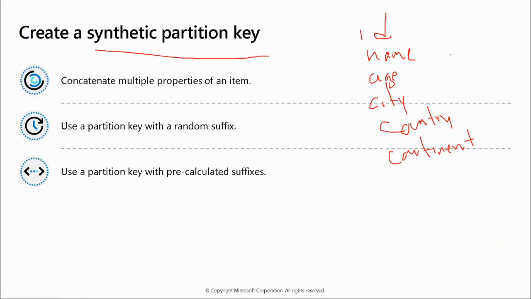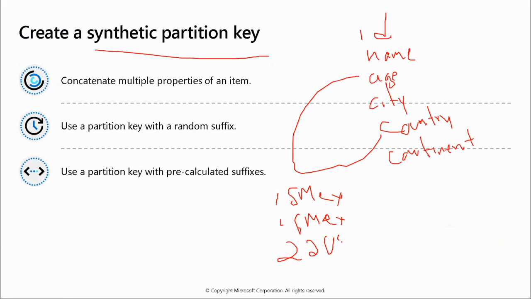So a synthetic key could be a mix of age and country. So you will see something like 15 Mexico, 16 Mexico, 22 USA, something like that, guys, okay? And that's it.